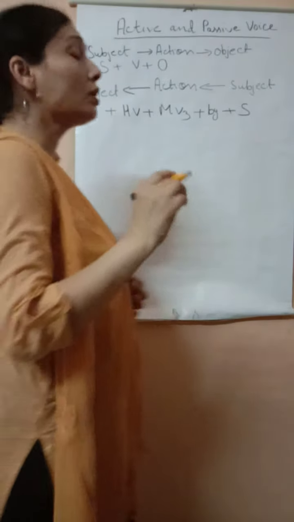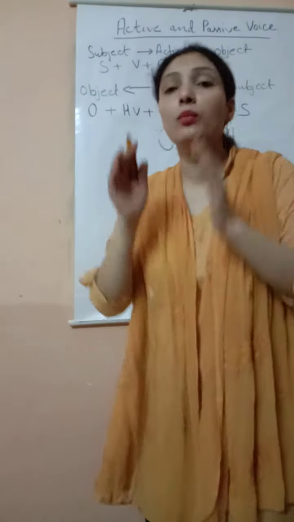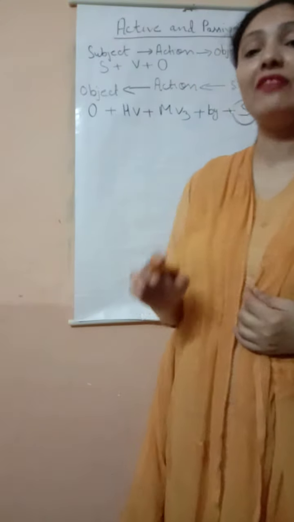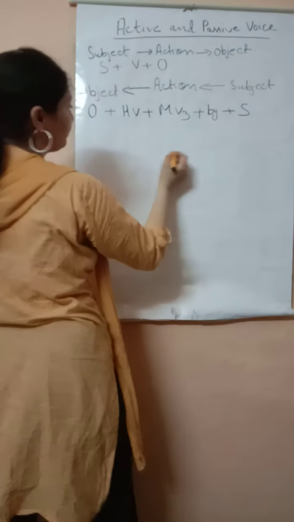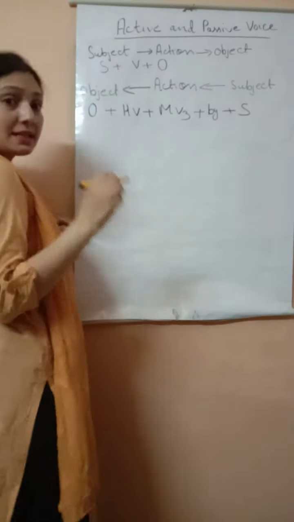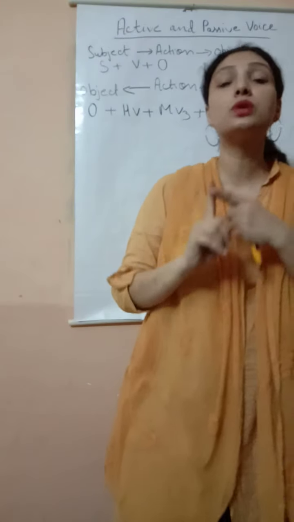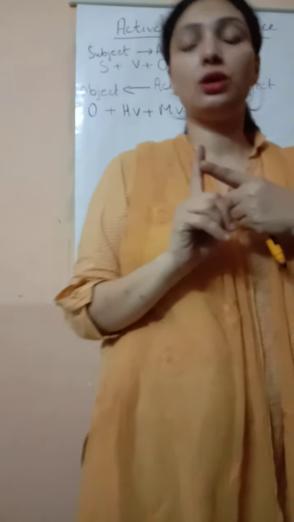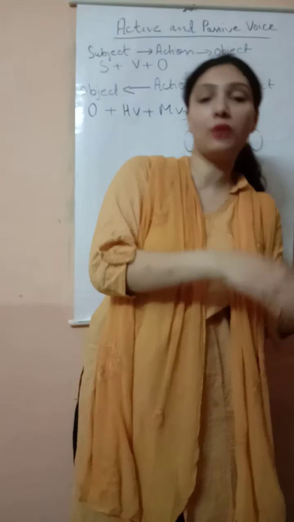Alright, so for changing a sentence from active voice into passive voice, we have to follow certain rules. What rules do we have to follow? Firstly, number one, we have to observe our subject, verb, and object. Number two, we swap the subject and the object.